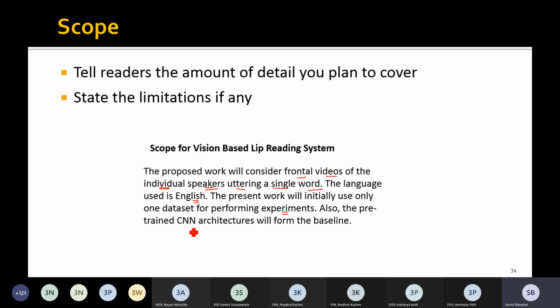That is why it has been mentioned clearly that the pre-trained CNN architectures will form the baseline. Meaning, to implement the CNN and LSTM, they are proposing to make use of pre-trained architectures initially, and then whatever data set is available with the researchers, they are going to make use of that for further processing. So this is how the scope is defined for this particular problem statement.